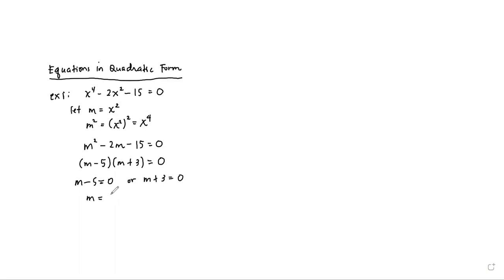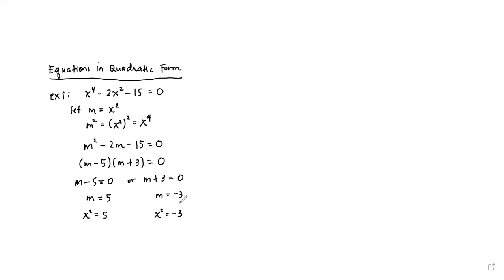In this case, m is equal to positive 5, and for the second equation, m is equal to negative 3. However, since our original equation involves x, we shall write the dummy variable m back to x squared.